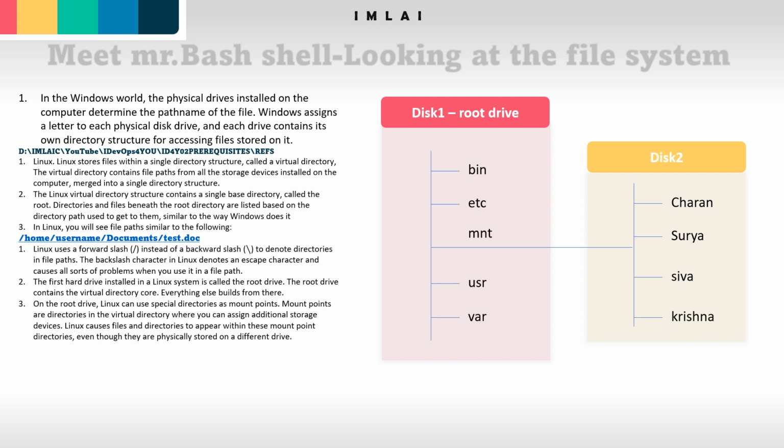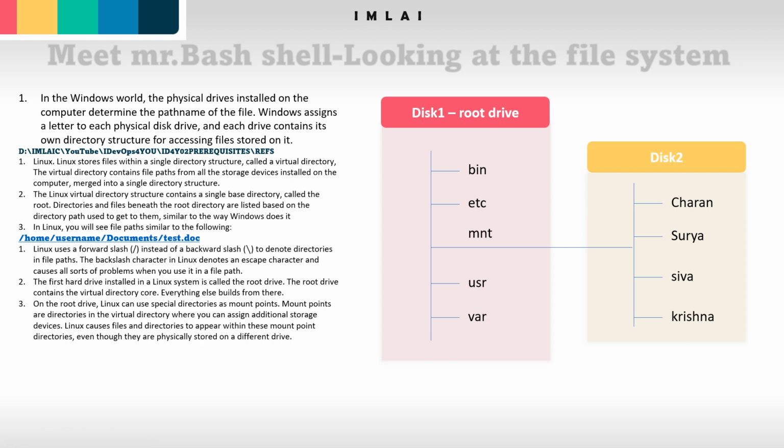So you can see this example. Disk 1 is the root directory or root drive, and disk 2 is another drive we have. So bin, etc, mount, user, var: all these directories are attached to the root drive physically.